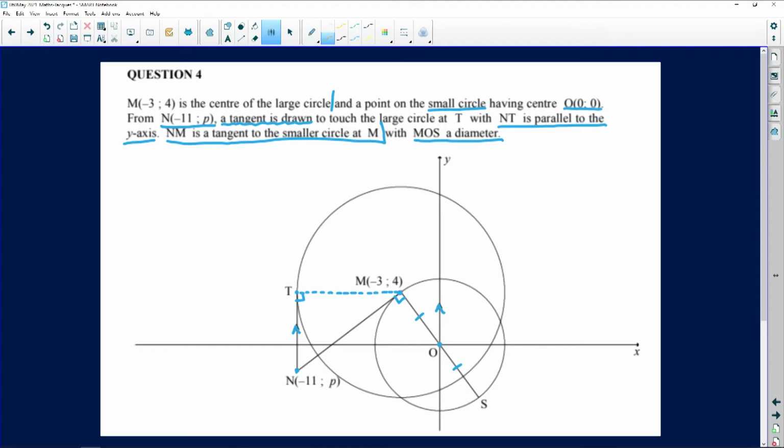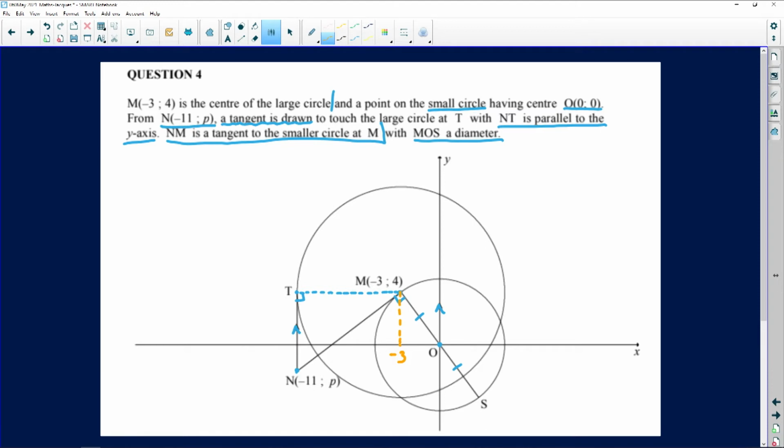They did not give us information there. So let's see if there's something here that we can use. Have a look at this. If we look at this tangent that I drew in, the x value at this point is -3. Now remember, this point is the center.